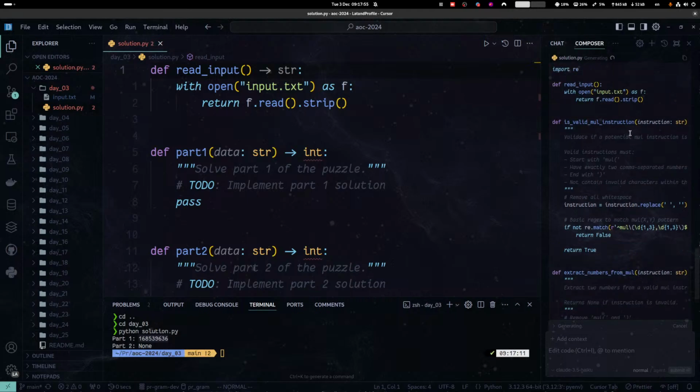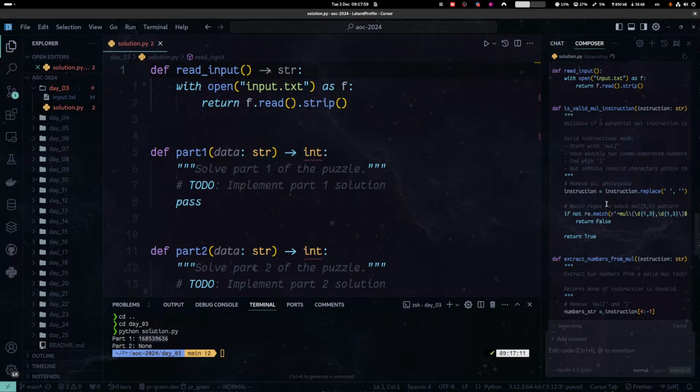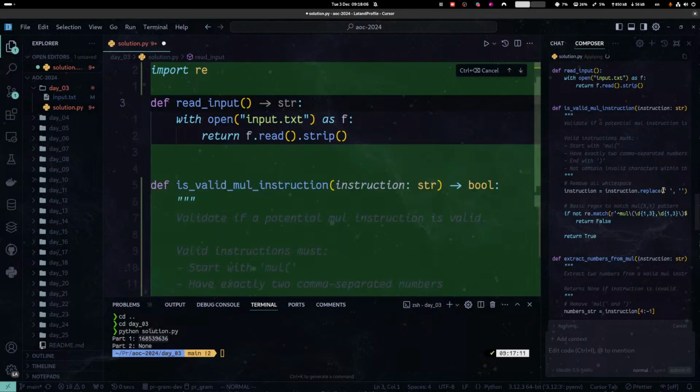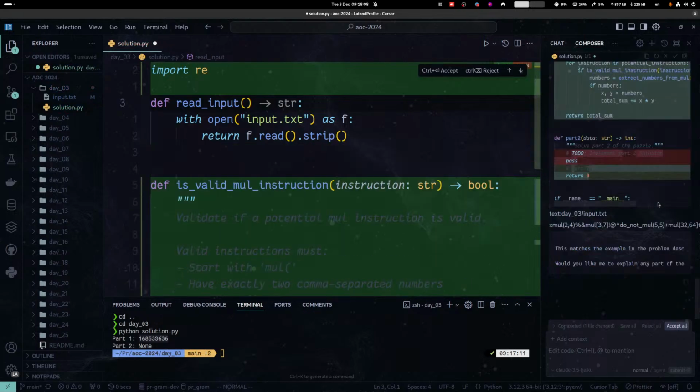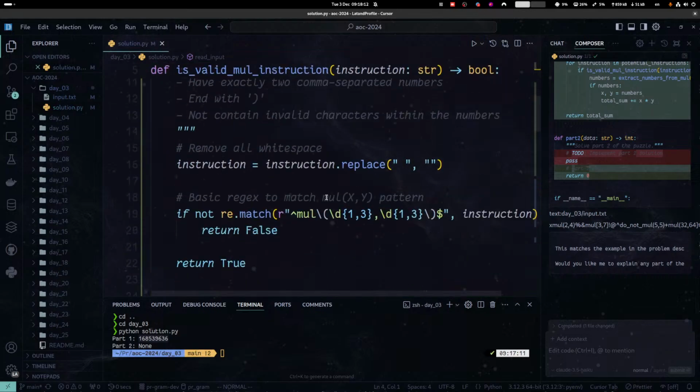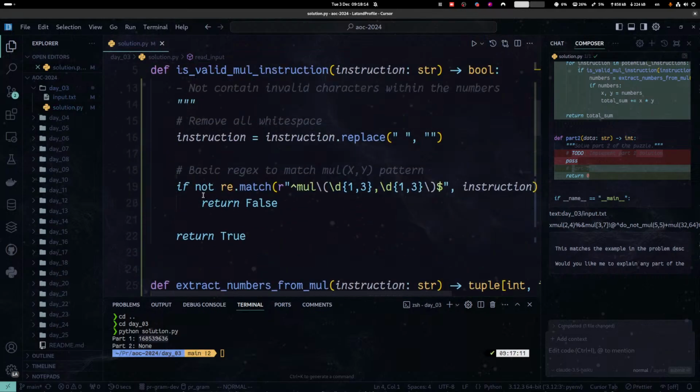It has an is_valid_mul instruction. It added a docstring. It removed all the spaces. What else did it do? And yeah, it tries to match with regex.